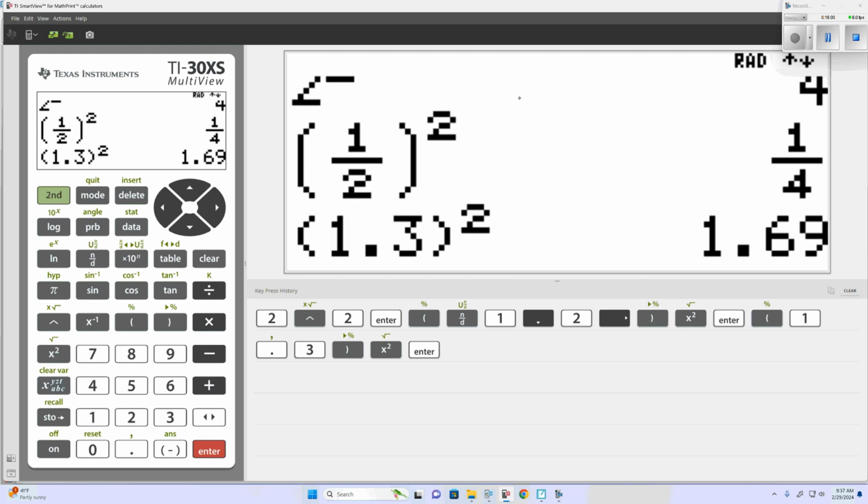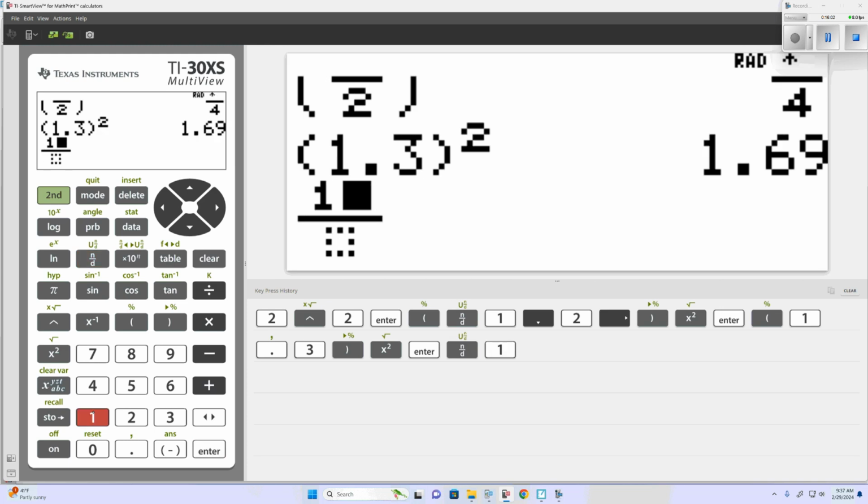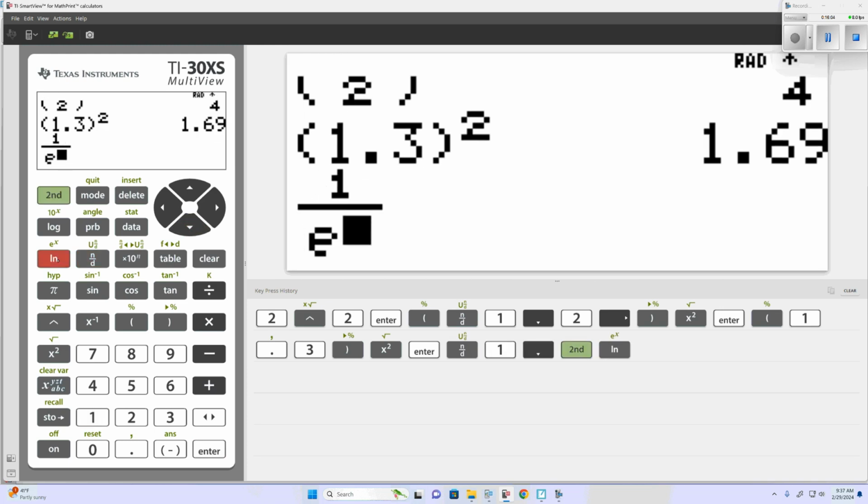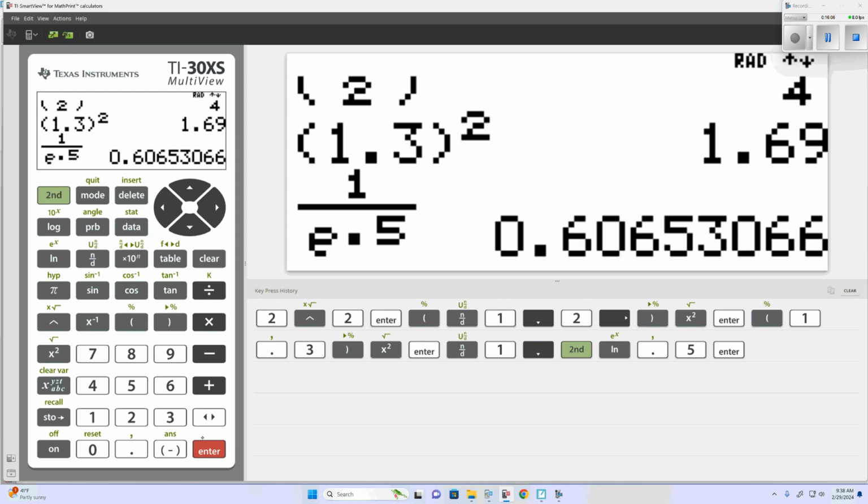Which doesn't mean a lot to us. 1 over e to the 0.5 is 0.6 going on, yes? According to what we had originally, if it's between 0 and 1, it is decay. Because of that negative exponent, it moves that e from the top to the bottom, making it between 0 and 1.